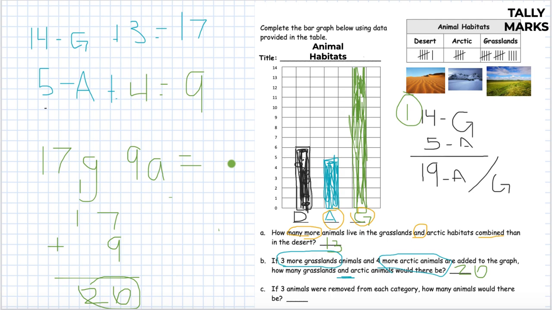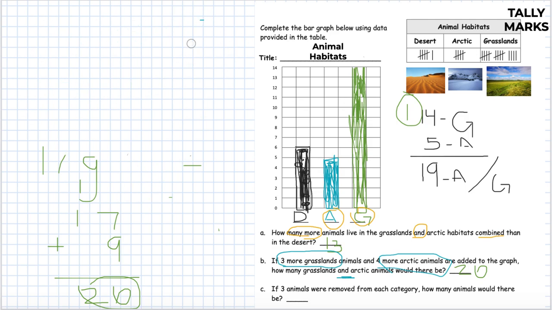Can anyone think of another way that we could do it? So if you said that the first step we could take is to add them together, you are correct, and then add 7. So let's take a look and see if we get the same answer, if we get 26.